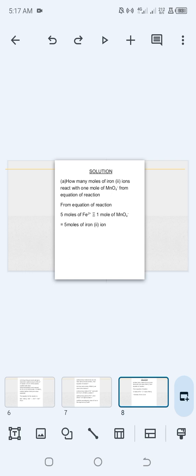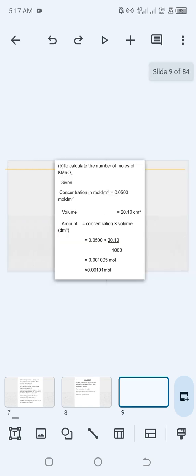Now, the number of moles of iron 2 ion that reacted with MnO4⁻ is 5 moles. That is just the answer, 5 moles, because the question says from the equation of reaction.